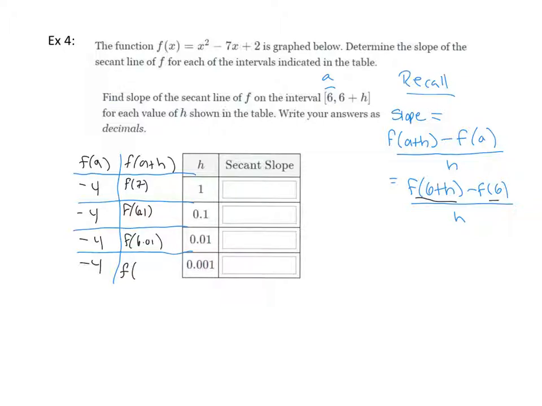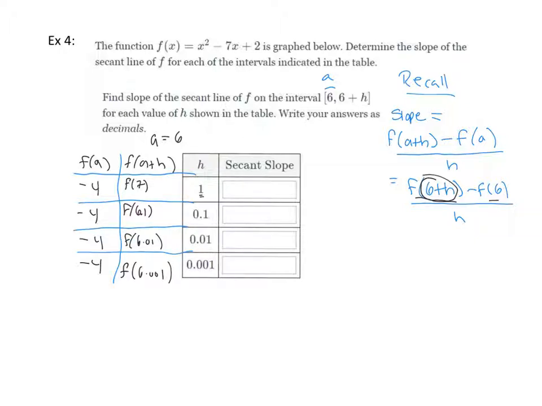And this is f of 6.001. Okay, so again, why is that? It's because my h is a 1 here, my a is a 6, and if my h is a 1 and my a is a 6, then 6 plus 1 is 7. And if my h is a 0.1 and my a is a 6, then it's f of 6.1.